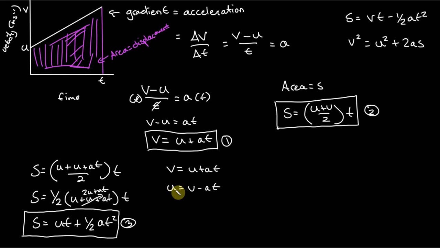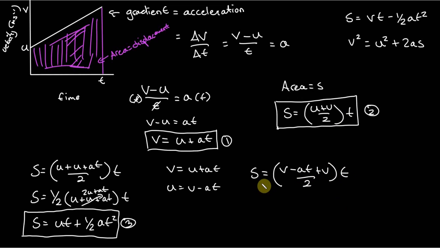And so we're just going to substitute this again into the second equation. And I'll just write that in this space here where we have total displacement s equals u plus v over 2. Well, u now is v minus at. We want to substitute that in. So v minus at plus v over 2 times t.